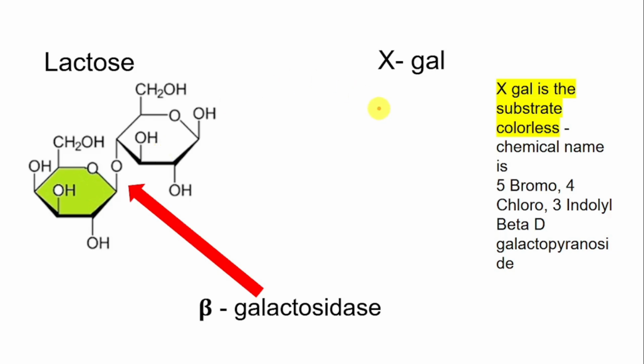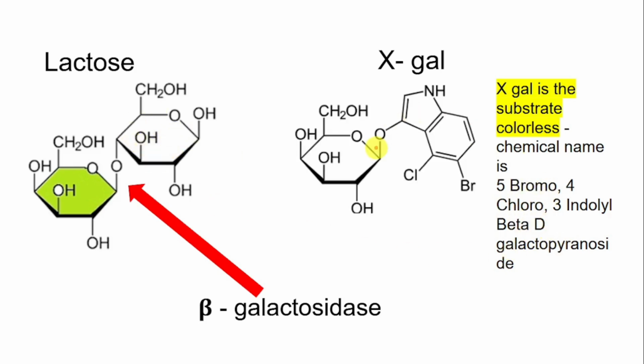Now XGAL is the substrate which is colorless, and the chemical name is 5-bromo-4-chloro-3-indolyl beta-D galactopyranoside. That means it has this galactose structure in it, but instead of linking to glucose, it is linked to this molecule. Can you see the similarity?